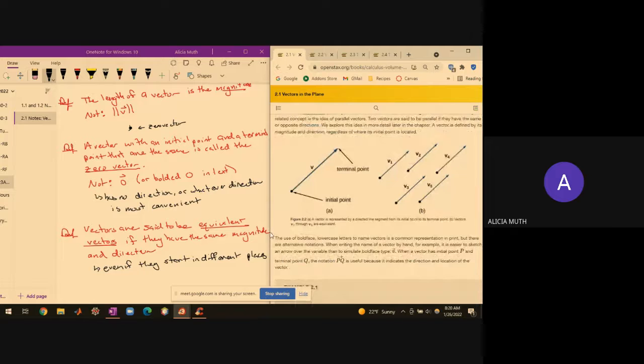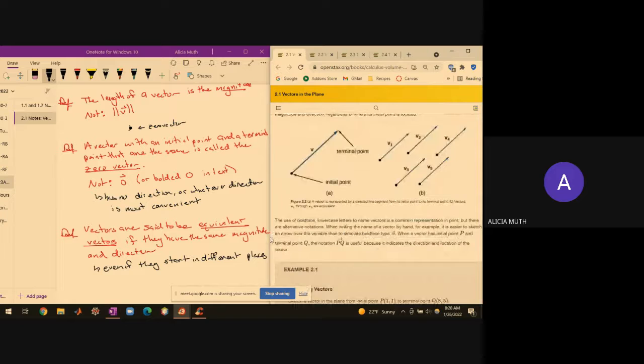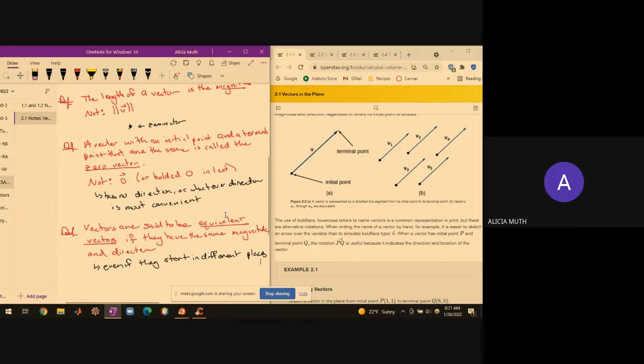The use of boldface lowercase letters to name a vector is common in print, but there are alternative notations. When we're writing the name of the vector by hand, it's easier to sketch an arrow over the variable, right? So that's exactly what I've done here in my notation. And when a vector has an initial point P and a terminal point Q, then the notation that we use is PQ, which is useful because it gives us the actual direction that we're working with.